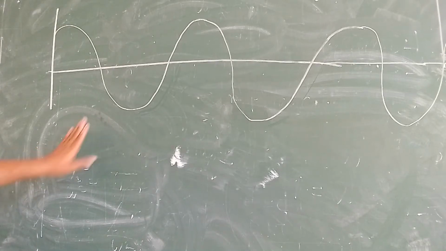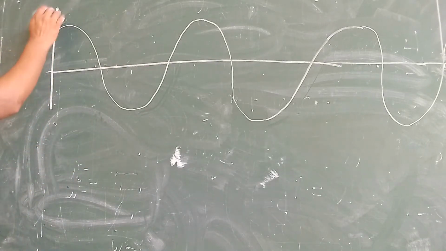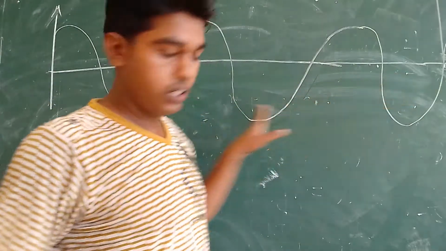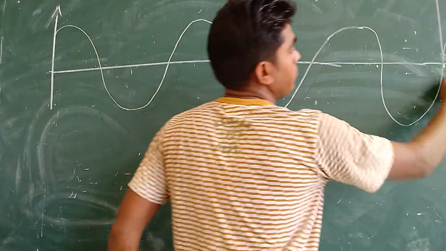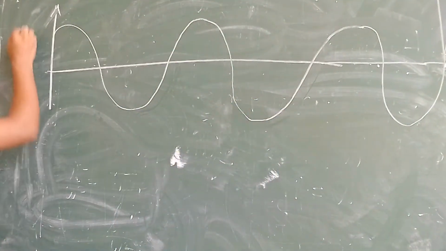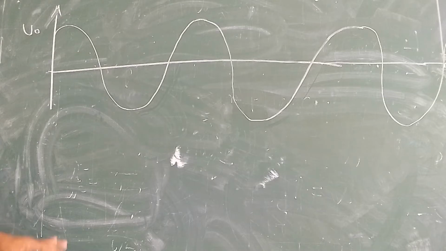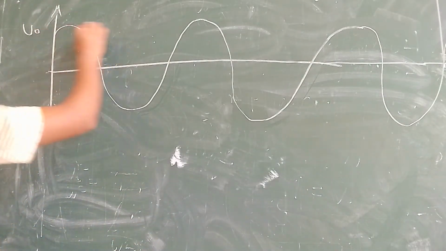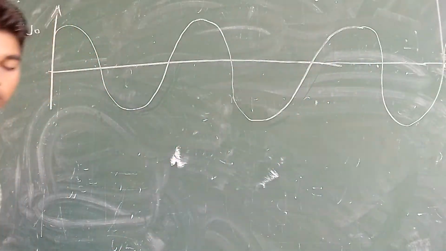In this figure, the axis is time and displacement u naught, in a free and damped vibration. So this is continuously going.